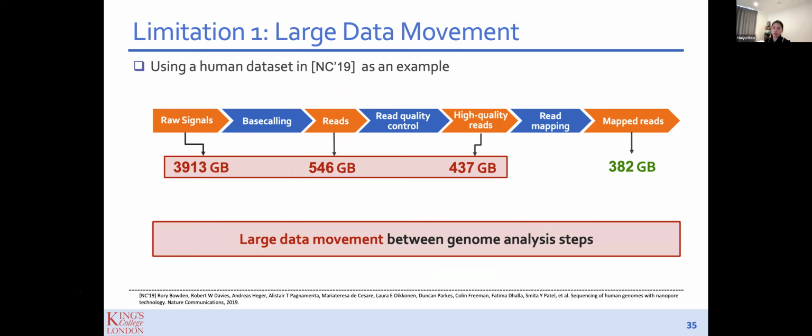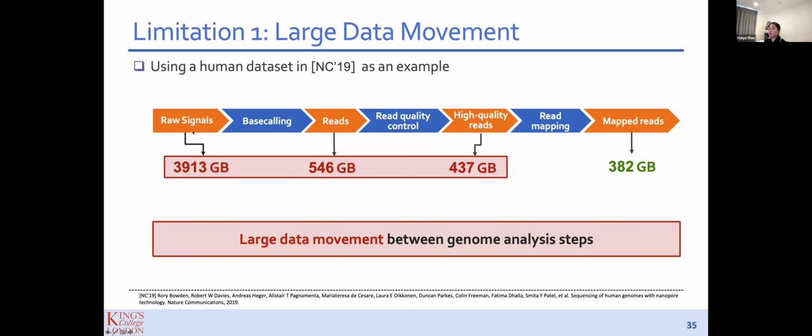And we found two limitations. The first one is that there is large data movement between each step. As I explained before, we have raw signals, then base calling translates them into reads, then read quality control produces the high-quality reads, and then we have the read mapping computation and the mapped reads.